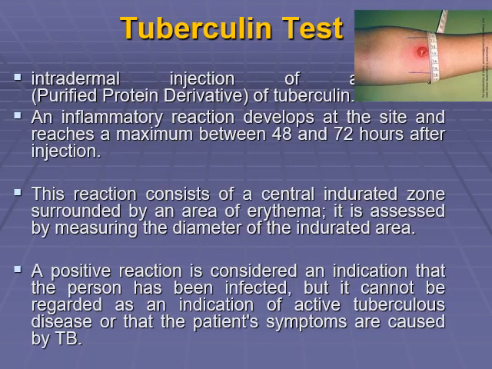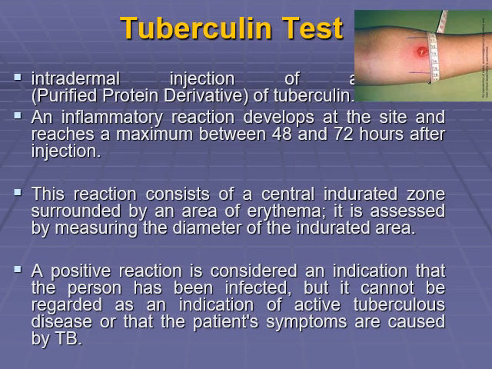When we do the tuberculin test, which is an intradermal injection of PPD, purified protein derivative of tuberculin, it causes an inflammatory reaction which develops at the site of the injection and reaches its maximum between 48 and 72 hours. This reaction consists of a central indurated zone surrounded by an area of erythema.